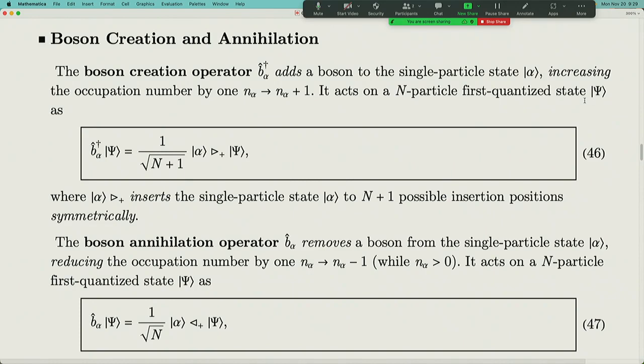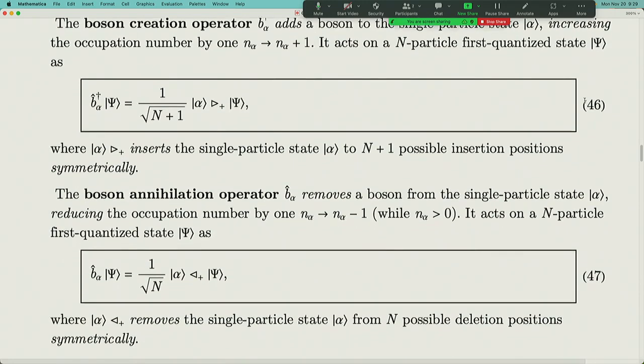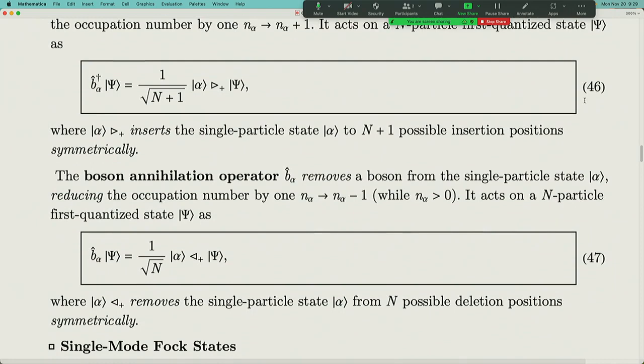That's why you take 1 over the square root of n plus 1 to combine them. So that's the rule, just stick to the rule. That's the definition. That's how people define the creation operator for bosons: insertion followed by 1 over the square root of the number of possible ways to do the insertion. Number of possible ways: 1, 2, 3, 4, to do the insertion.